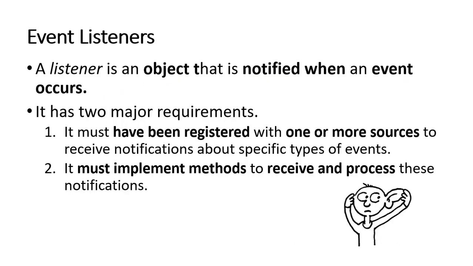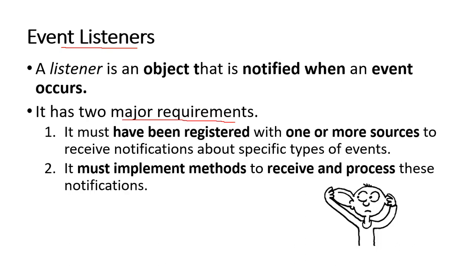So we must understand a few things about it. An event listener has two major requirements. First, it must have been registered with the source. If you just create an event listener and keep it, nothing is going to happen.